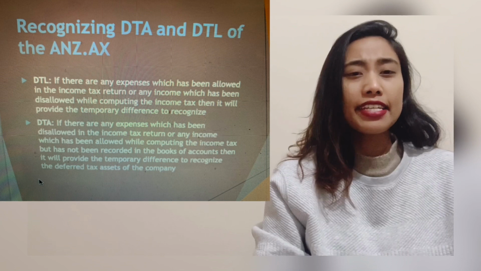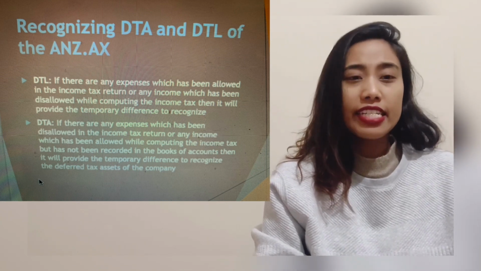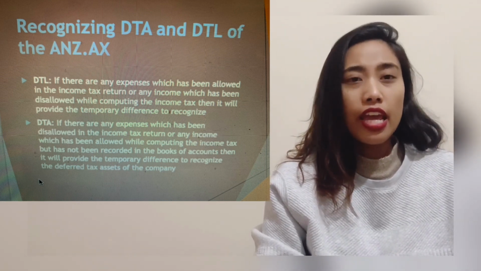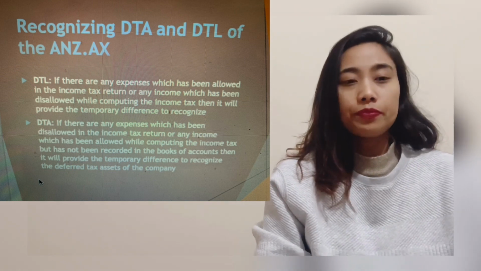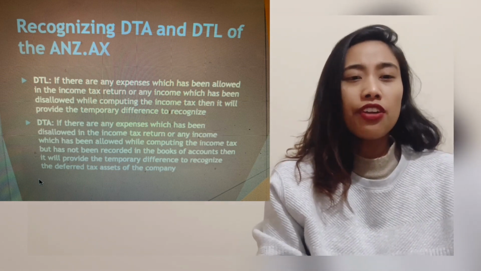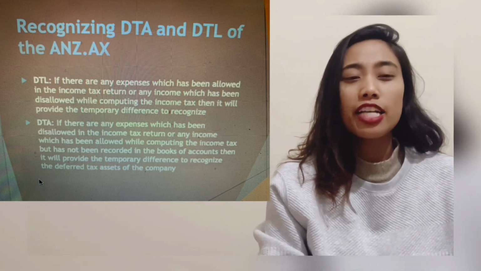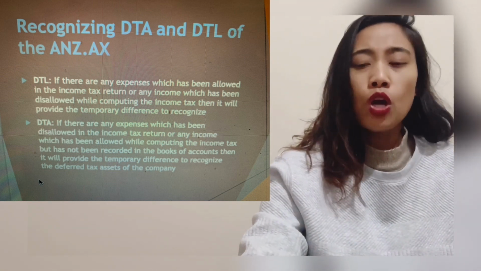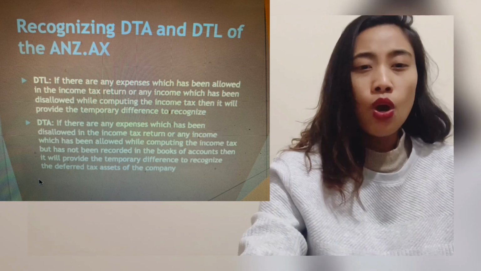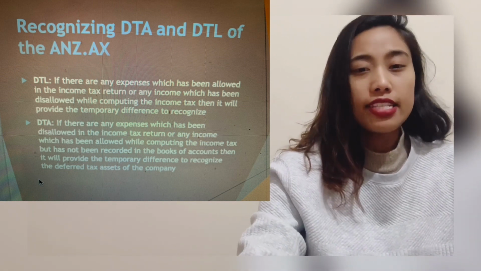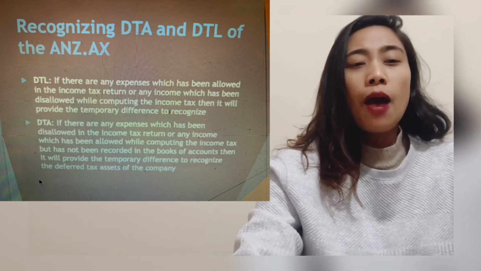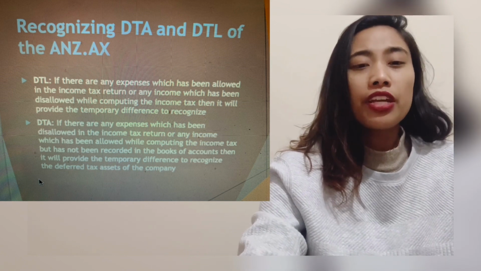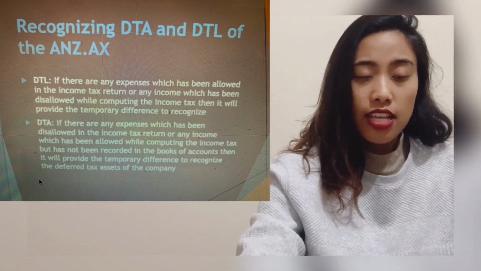Now, I'd like to discuss recognizing DTA and DTL of the A&Z company. So DTL: if there are any expenses which have been allowed in the income tax return or any income which has been disallowed while computing the income tax, then it will provide the temporary difference to recognize.